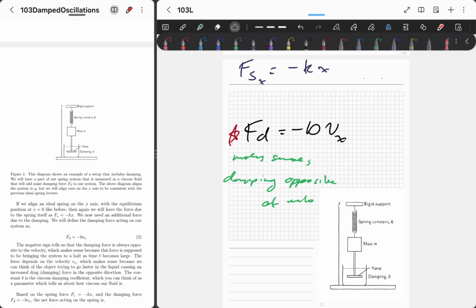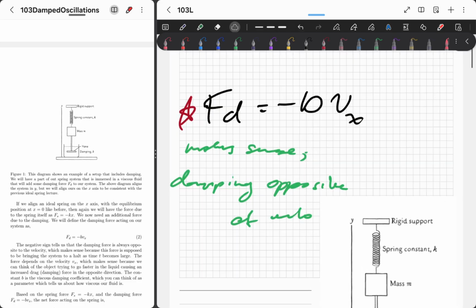What is that force? That's the damping force. Okay, so if we have a 1D situation, like the ideal spring in the x direction, we're going to have a force that is damping us, that is slowing us down, and that force is this equation 2 here. So we have a negative sign times a constant b times the velocity. So remember, Hooke's law was negative kx.